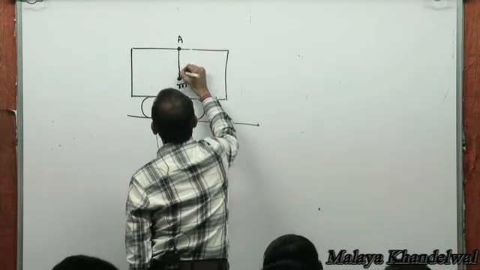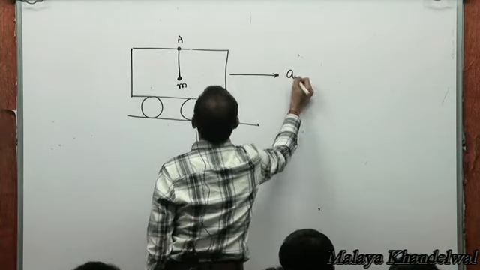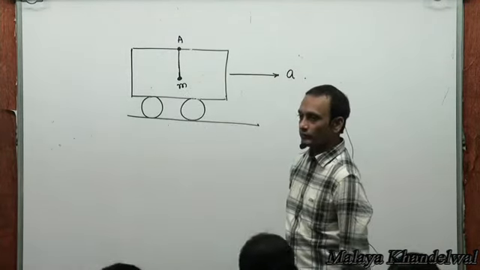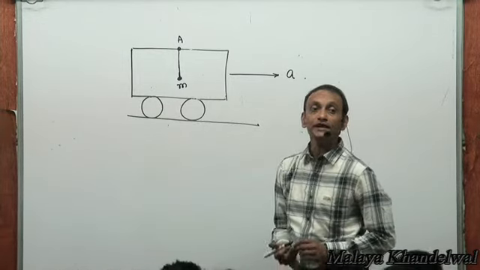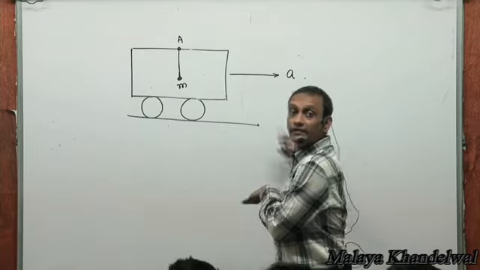This is a light string, and this is moving to the right with an acceleration A. So this is a time period in an accelerating carriage, accelerating horizontally. Clear?